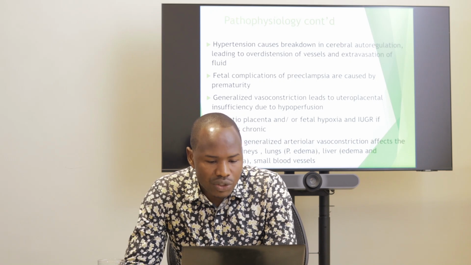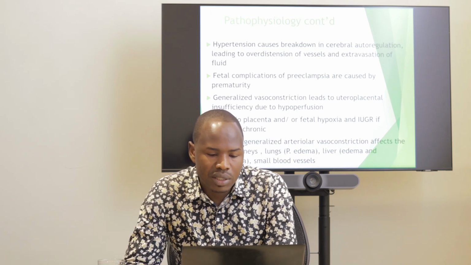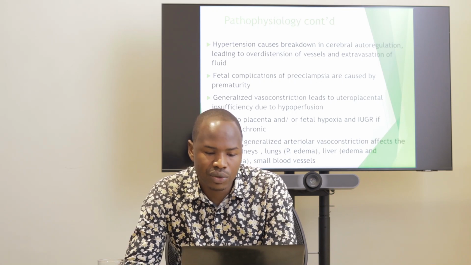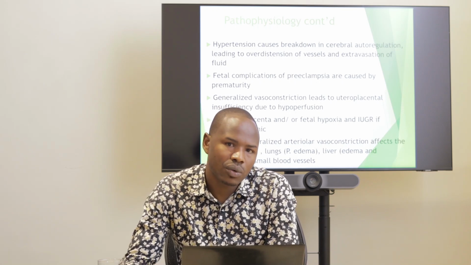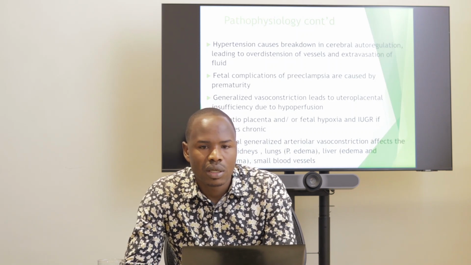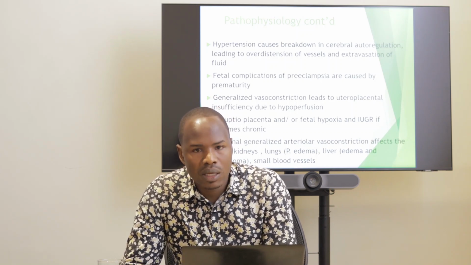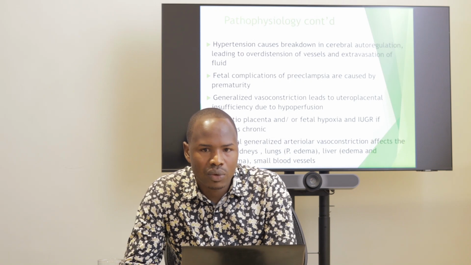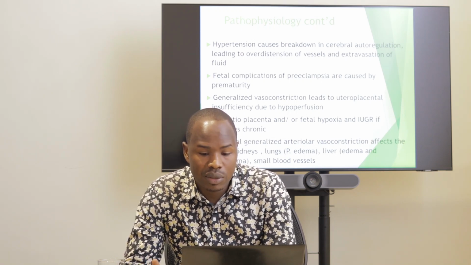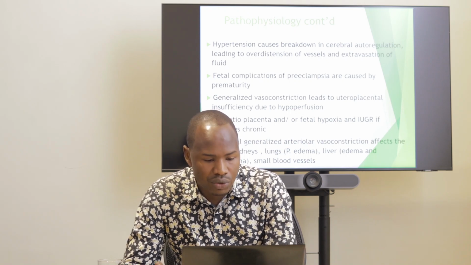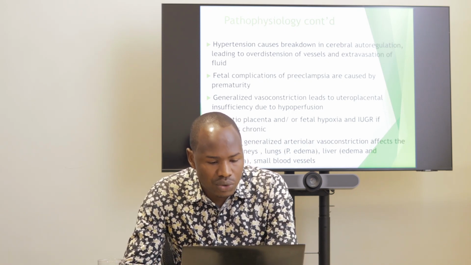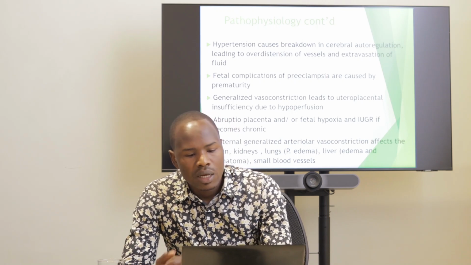There are also fetal complications that happen during preeclampsia. Those are caused by prematurity, because when there is preeclampsia with severe features, the cure is delivery, even when the baby can be delivered prematurely. Other complications will be related to that prematurity.